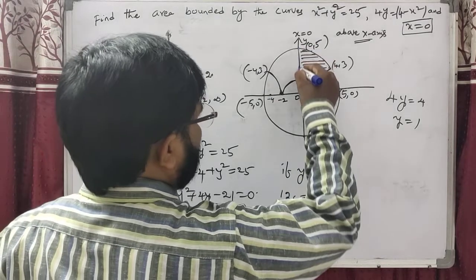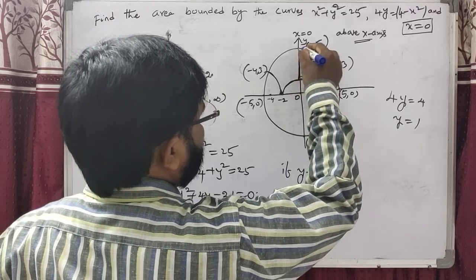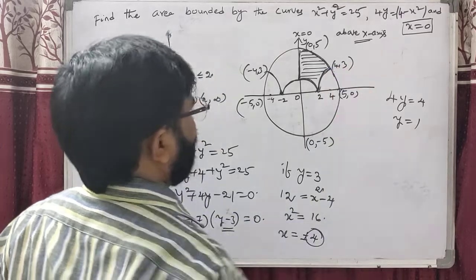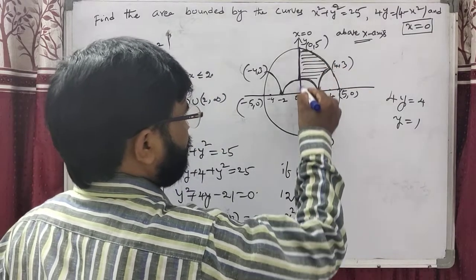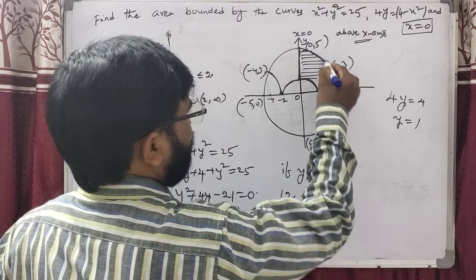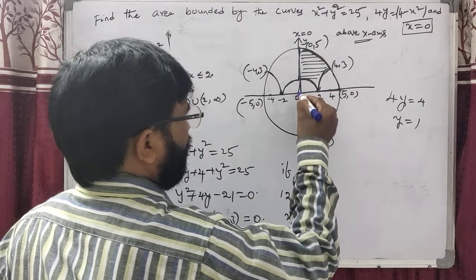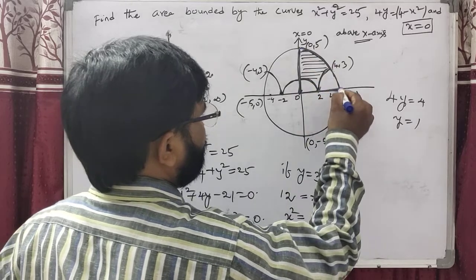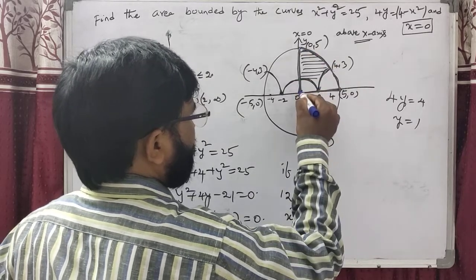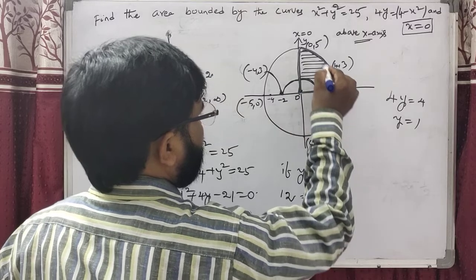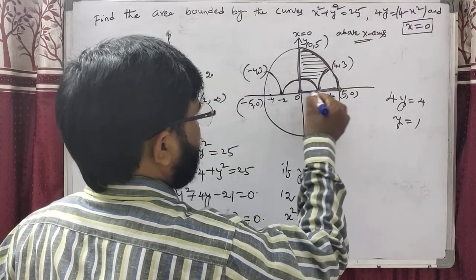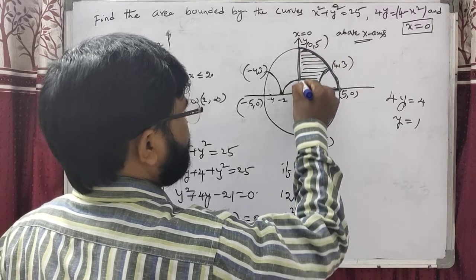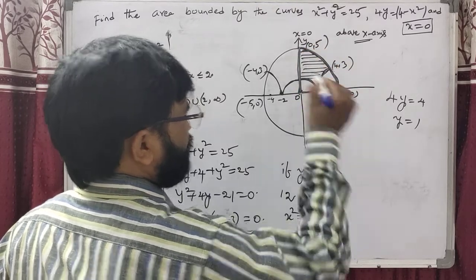This is the line x equal to 0 and the curve.